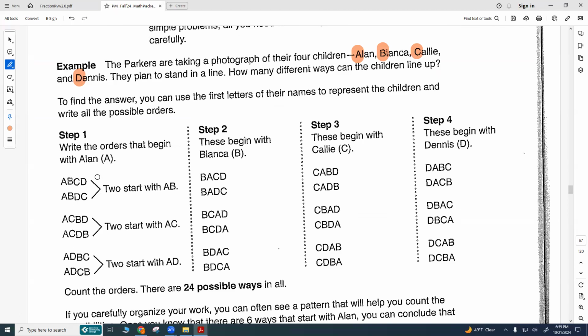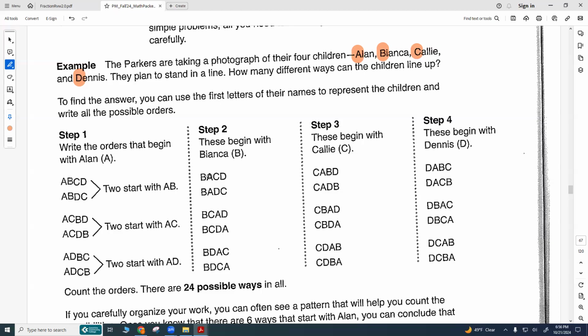So if we start with Alan first, we can just go A, B, C, D, but we could also go A, B, D, C. We could also go A, C, B, D. We also could go A, C, D, B, A, D, B, C. So even just with Alan in that first order, we already have 6 different ways of lining them up, just with Alan in that first position.